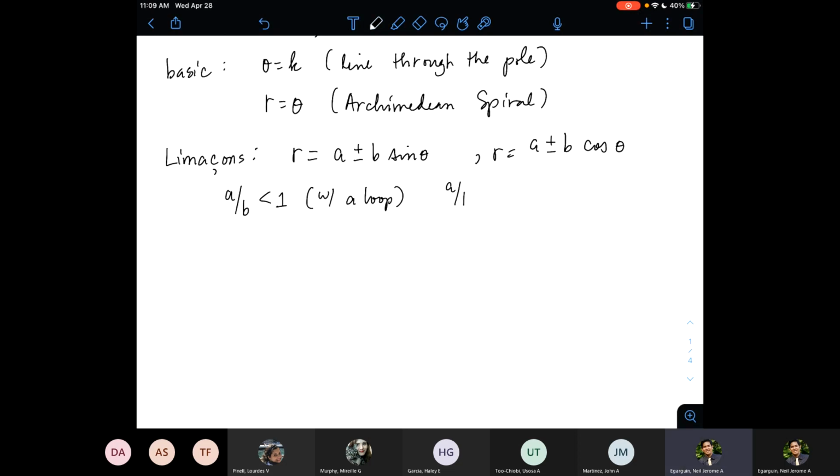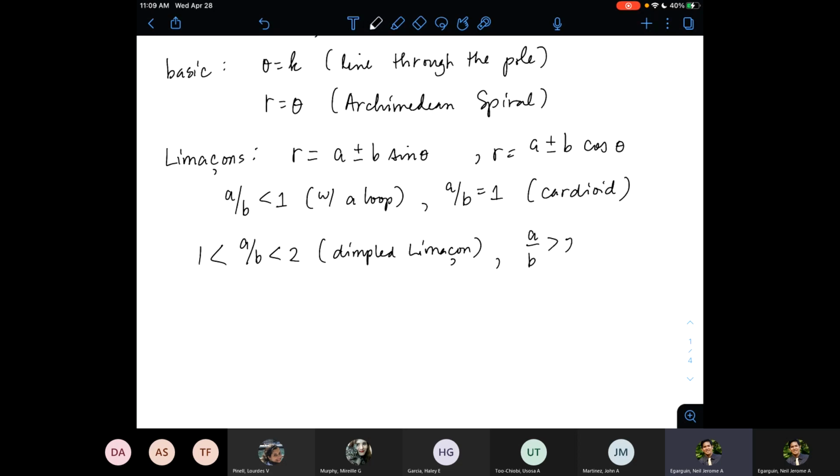If a over b equals 1, we have a cardioid or a heart-shaped graph. If a over b is between 1 and 2 exclusive, then this is a dimpled limaçon, or some books call it a limaçon with a dent. And if a over b is greater than 2, we get a convex limaçon.